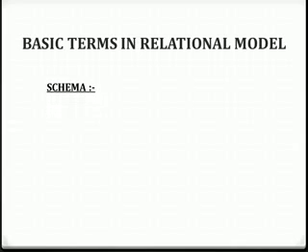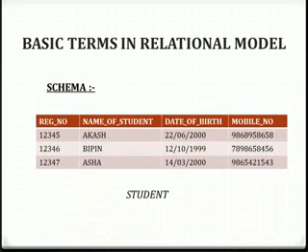The next term is the relation schema. The schema of the relation or the schema of the table. So here is the relation student, which has the following attributes: registration number, name of the student, date of birth, mobile number.